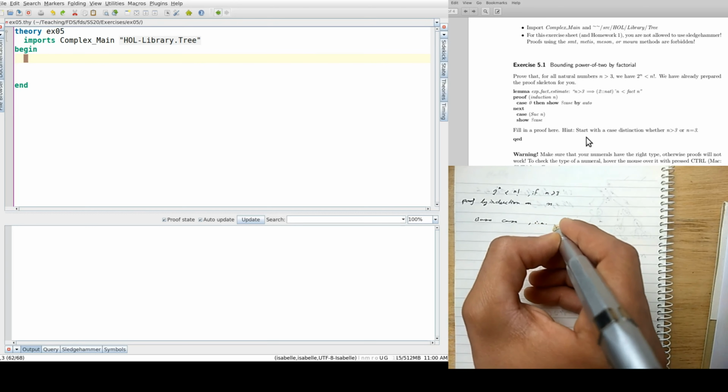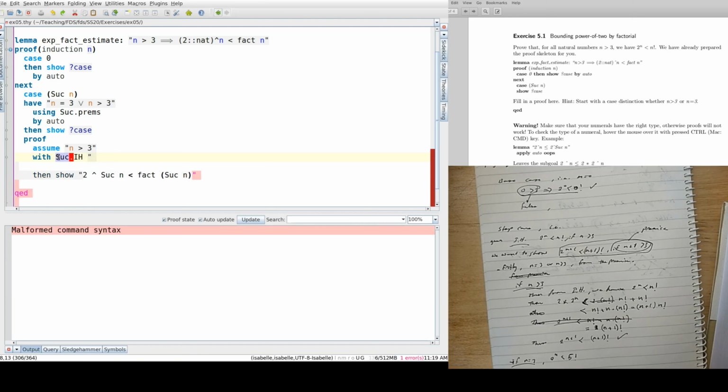So the first step is, we need to use the fact that n is greater than 3, and also the induction hypothesis. What we do here is suc.ih. Okay, so those two facts: assume this from the assumption that n is greater than 3, and then the induction hypothesis that we have, which is suc.ih. Suc comes from that, and ih is the induction hypothesis there.